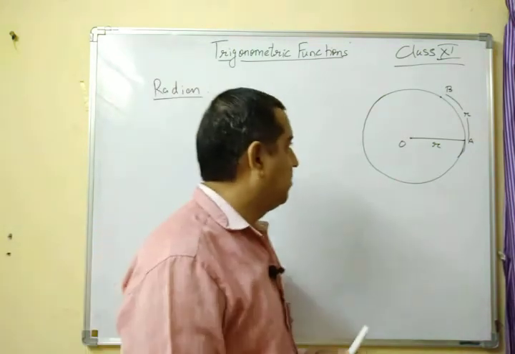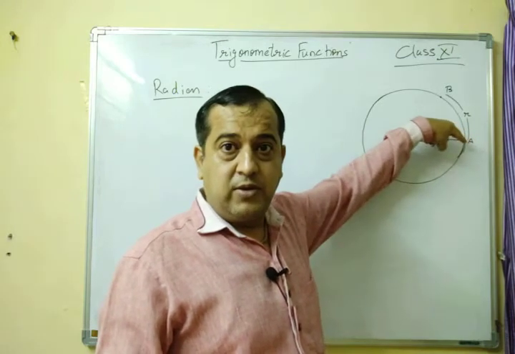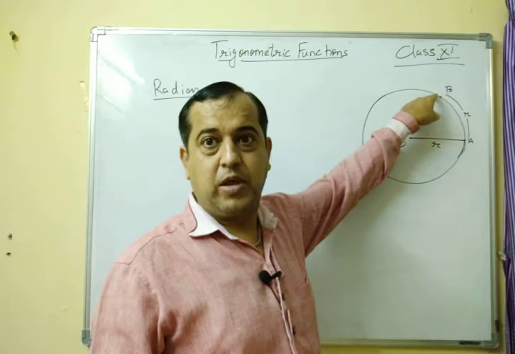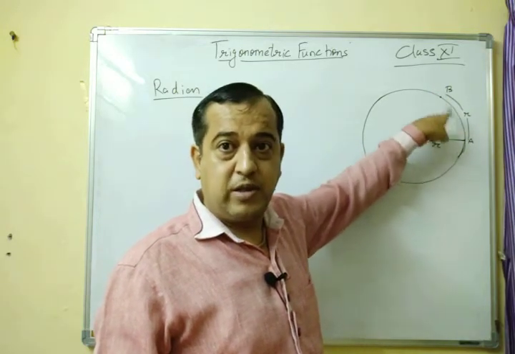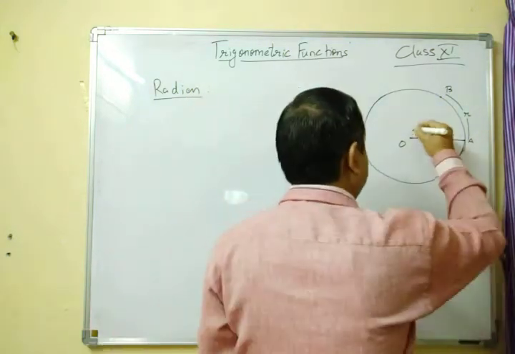Means from A we start moving in the circular path, and we stop at point B, and from A to B in the circular path, this arc is having length r.